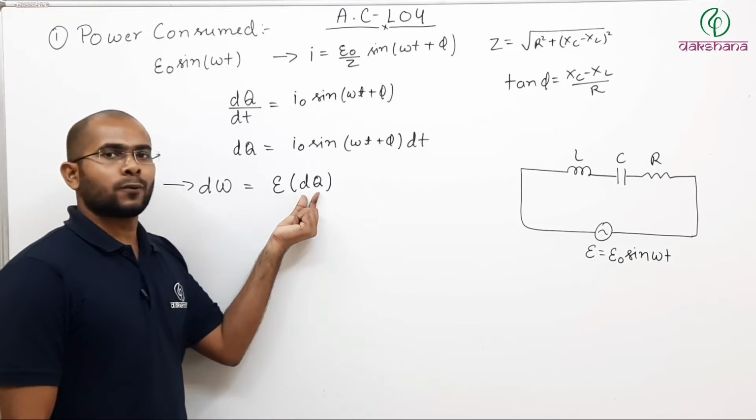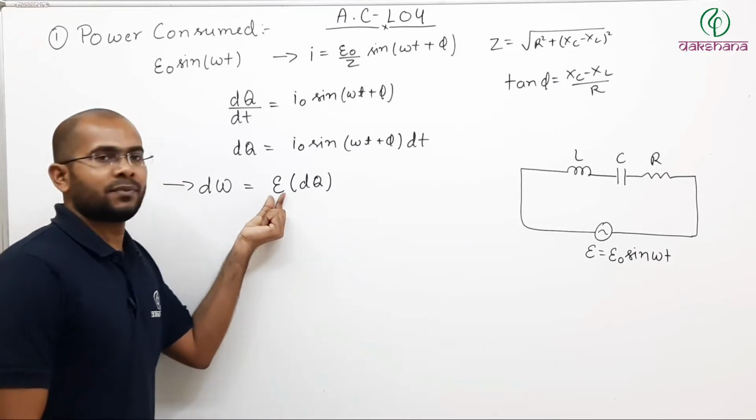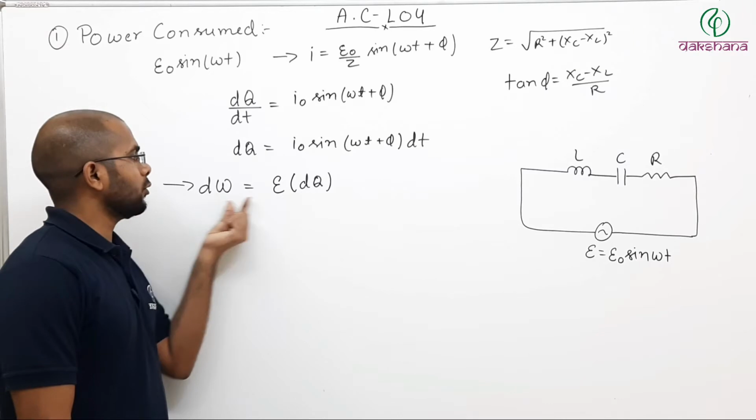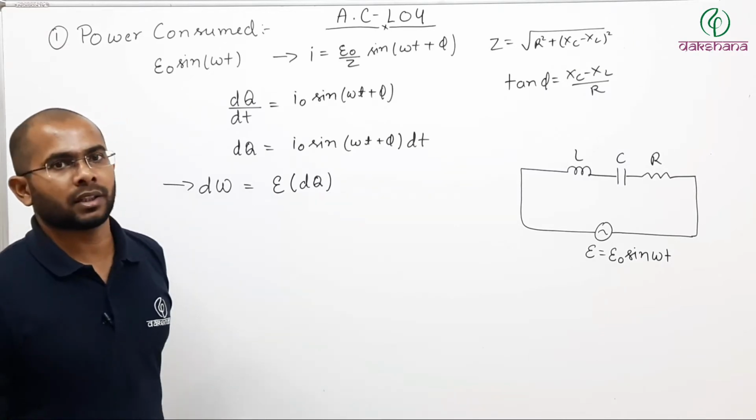So if charge dq flows through the source and the EMF is E, then the work done is dW equals E times dq.